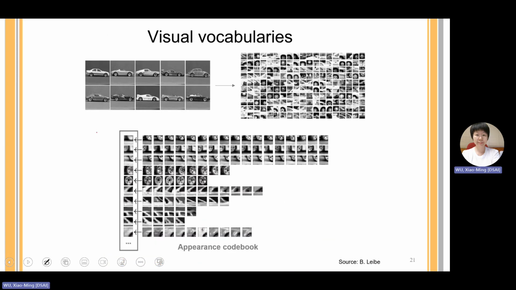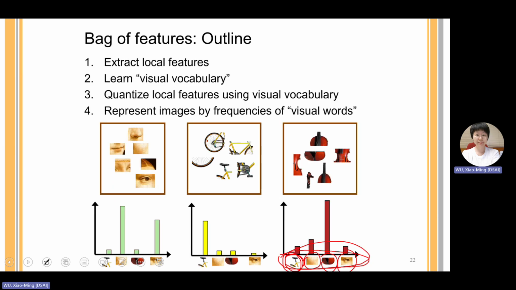In the car example, we have a dozen visual words, as shown on the image. First of all, we construct a vocabulary using training images. Then given a test example or a training example, we quantify their features using the visual vocabulary.